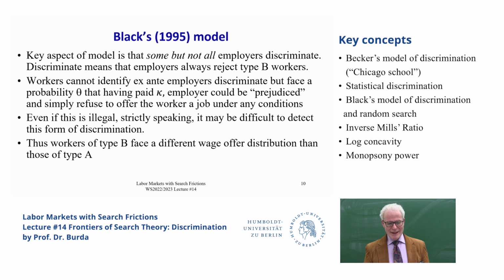So it turns out that the wage offer distribution for the type A worker is fundamentally different from the B worker, because the A worker doesn't have this probability of not getting anything. Obviously in this model it's just going to be a spike, but that is a different distribution. A more general model will have the whole distribution being different.